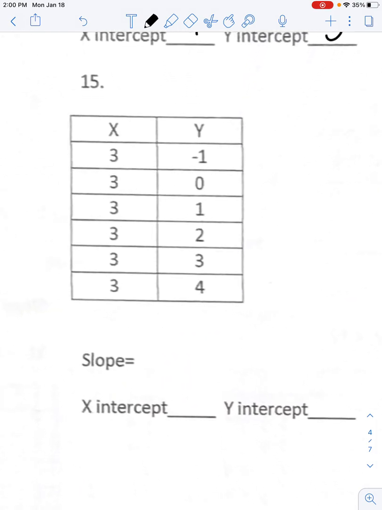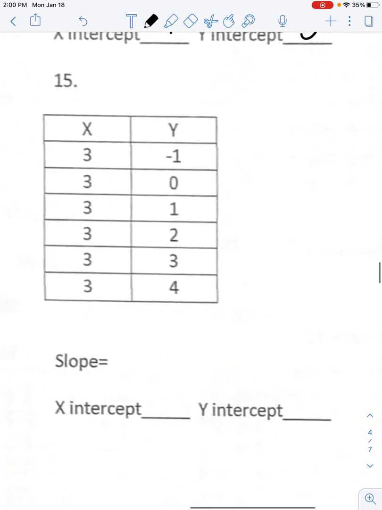Number 15, right here. I think I did this one in class, but I'm going to go ahead and do it anyway. On this one, we don't have any zeros in the x column. We just have one 0 right here, so we know the x-intercept is 3. What we don't know is the y-intercept. If you look in the x column, those are all 3s.